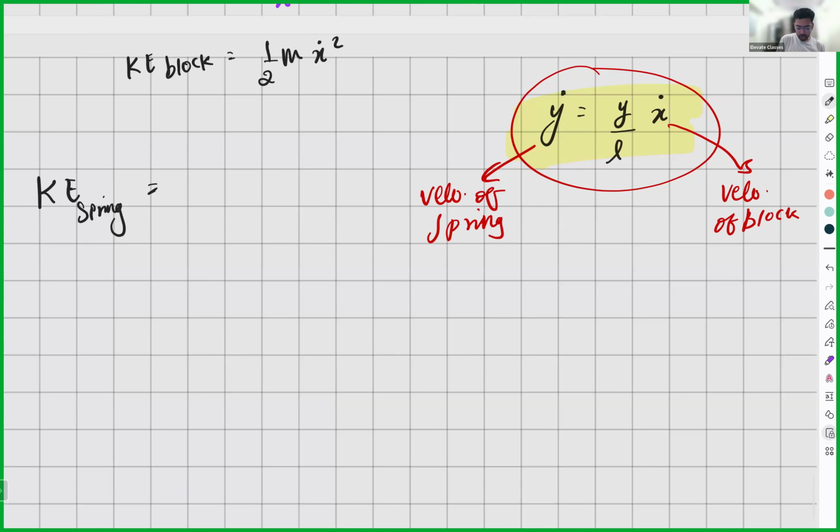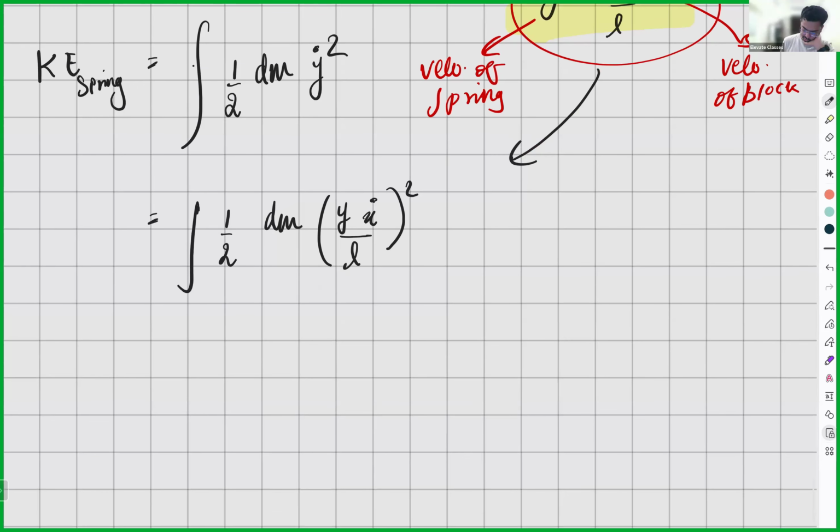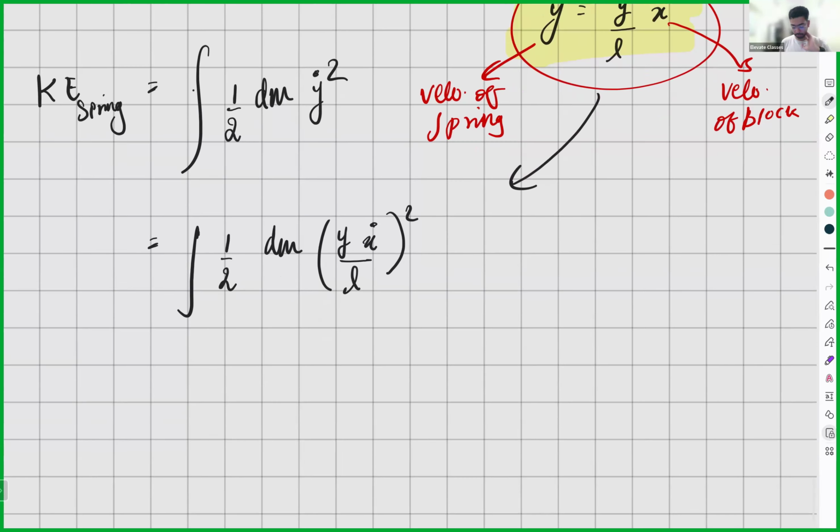What I can do in such cases is integrate half dm into y dot square, the velocity of the element squared. So y dot is y by L into x dot, and we get half dm into y square x dot square by L square.